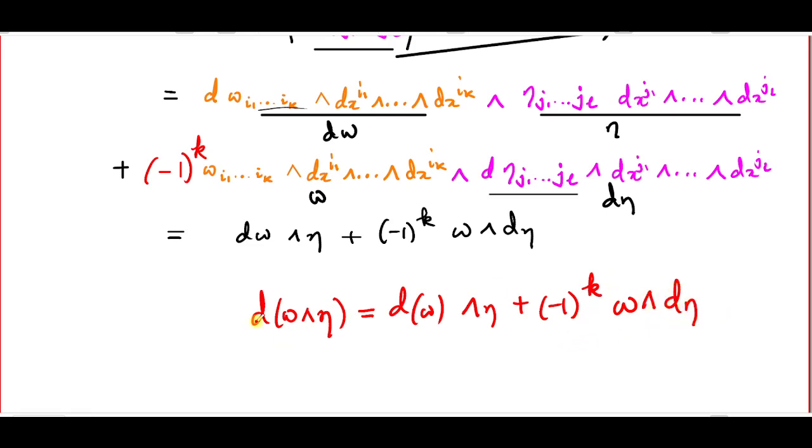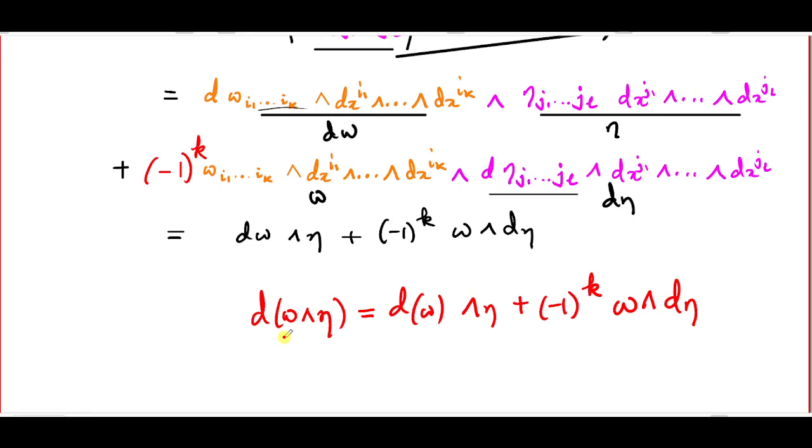So whether it's going to look like the ordinary Leibniz property or not depends on whether omega is an even order form or not. Note that the special result that we had already derived before, that about the function f, obviously obeys this. F being a zero form, the sign factor in the second term there would be minus 1 to the power 0, which is of course plus 1.